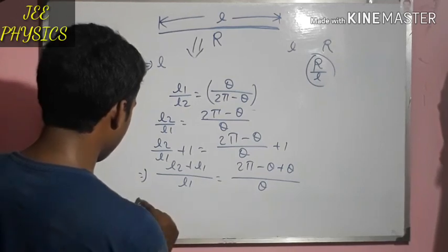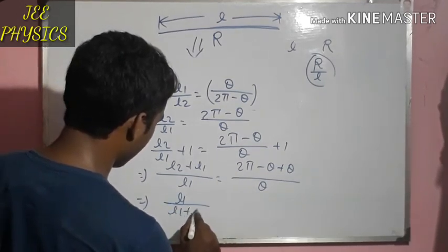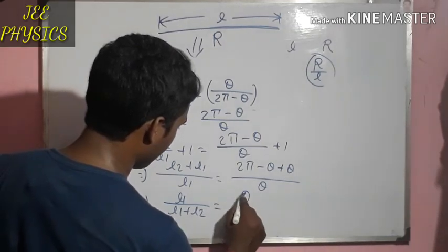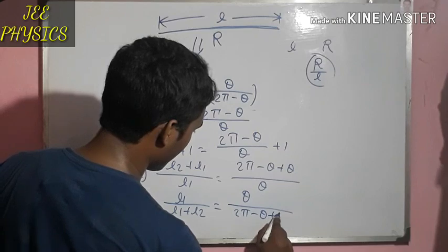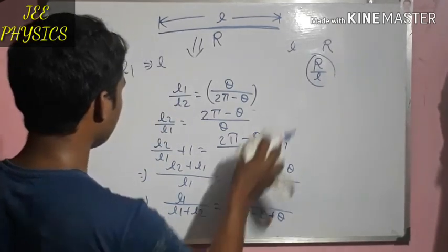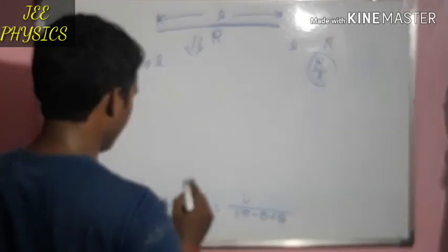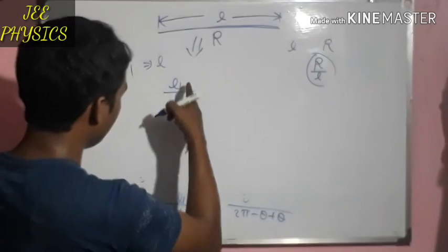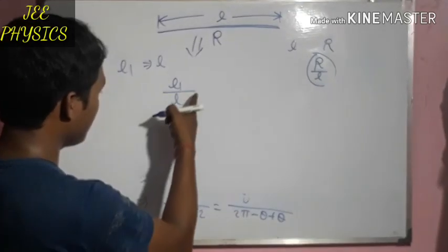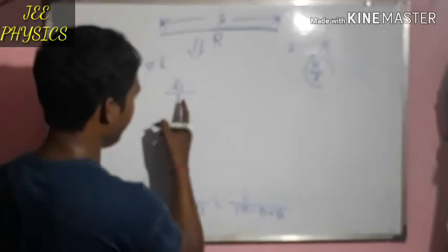Now again take the reciprocal. L1 by L1 plus L2 is theta by 2 pi minus theta plus theta. Now L1 plus L2 is equal to L. So we get L1 by L. That is why I divide L1 and L2 to get L.